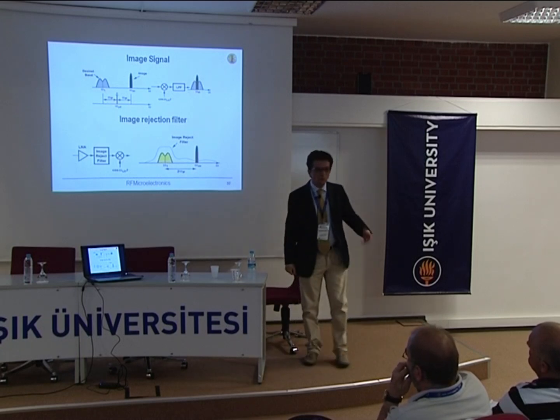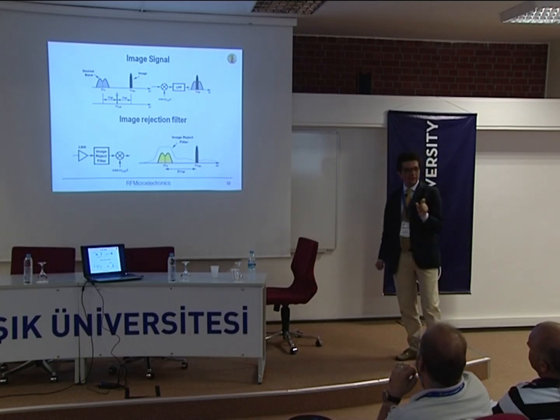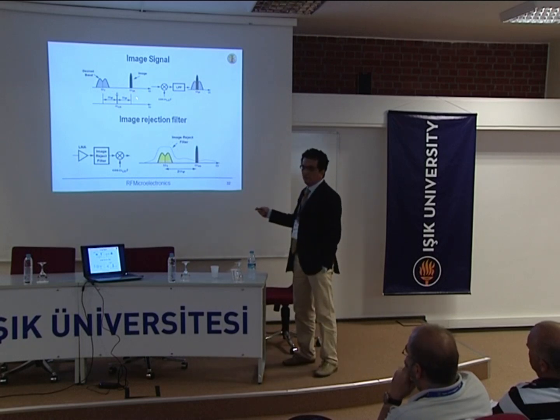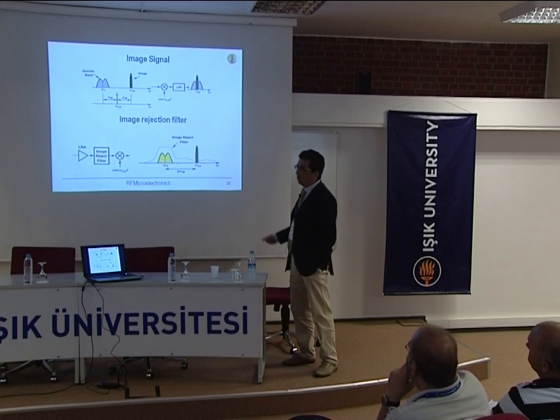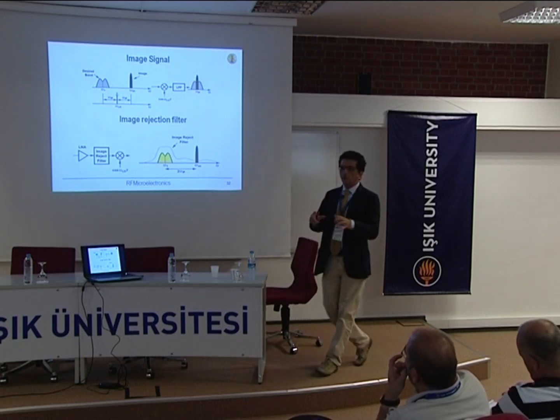But we know that cosine is insensitive to the sign of the argument. So if we look at the specular frequency, which is located in the opposite portion of the spectrum but at the same distance, which we call omega image, we expect this same signal to be converted just on top of the received signal.